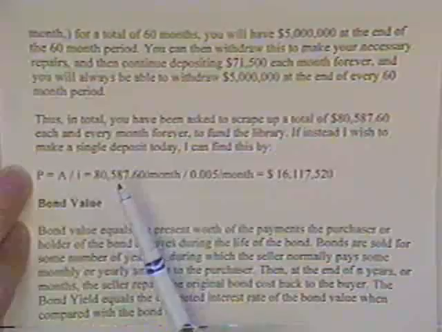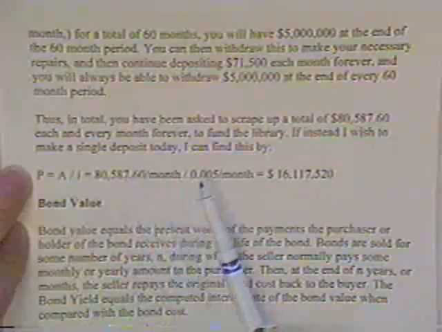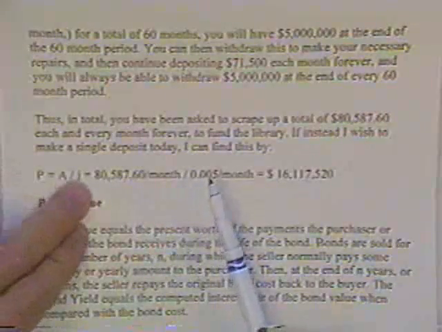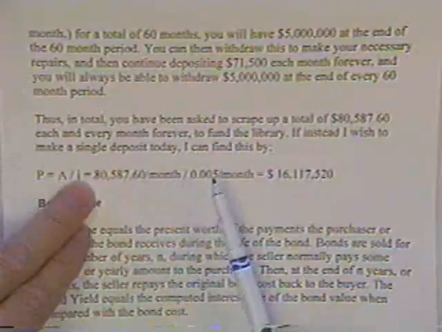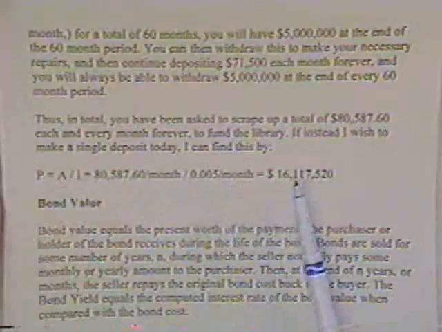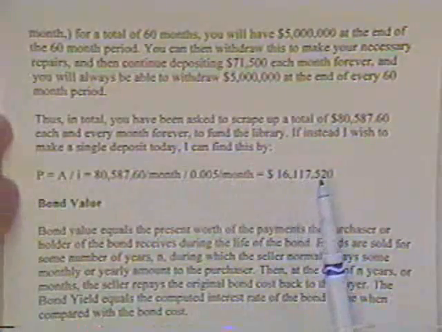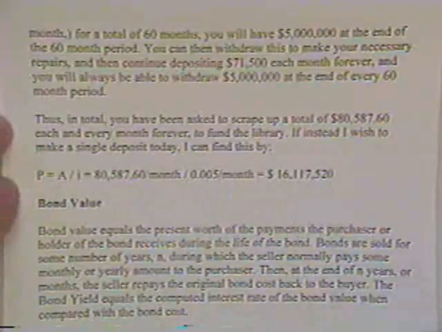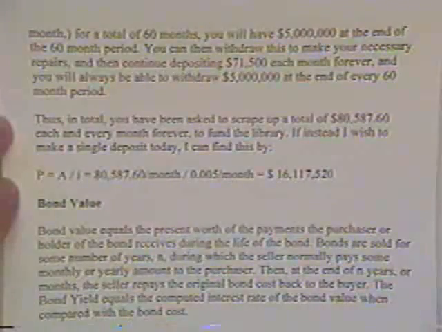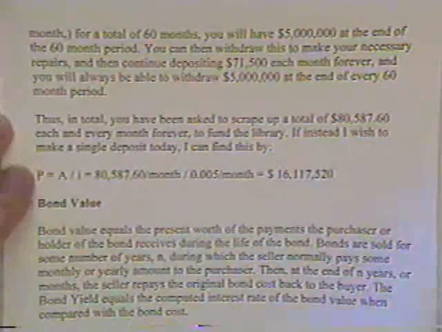The monthly annuity is $80,587 a month, divided by the interest rate that the bank's willing to pay, 0.5% a month. That says stick $16 million in the bank, and you will have enough money there to forever and forever draw interest and make the payments necessary.